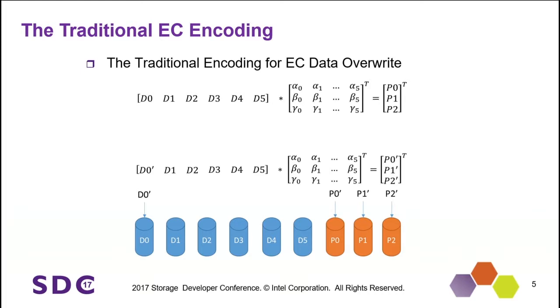A source data slice is also called a source vector, abbreviated as D, and parity slices are also called parity vectors, abbreviated as P. Compared with the multiple replica method, Erasure code saves lots of redundant storage space while keeping the same or higher reliability. This statement is a general description of Erasure code. Here we call it traditional encoding.